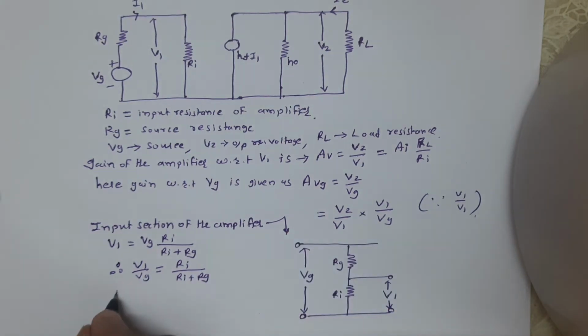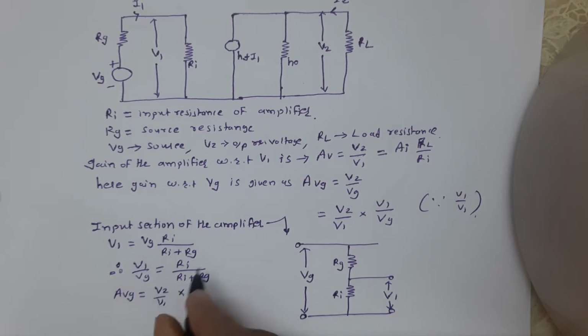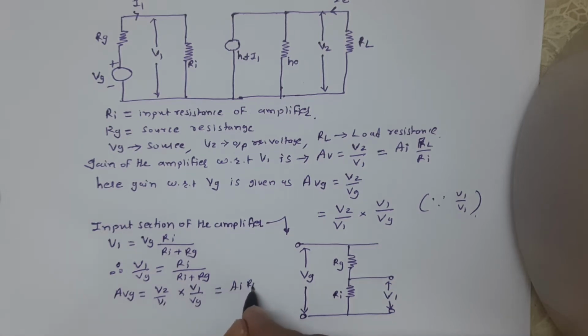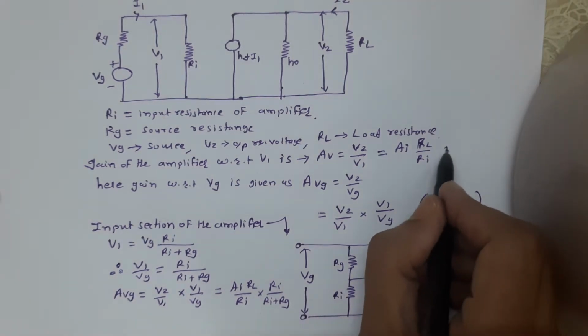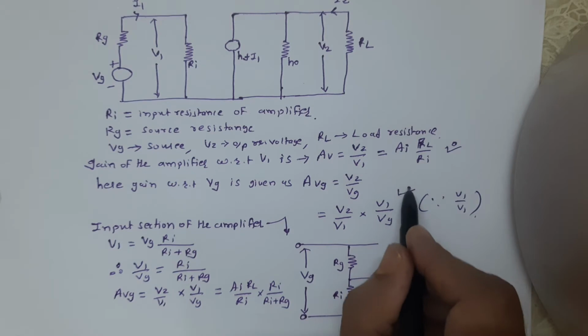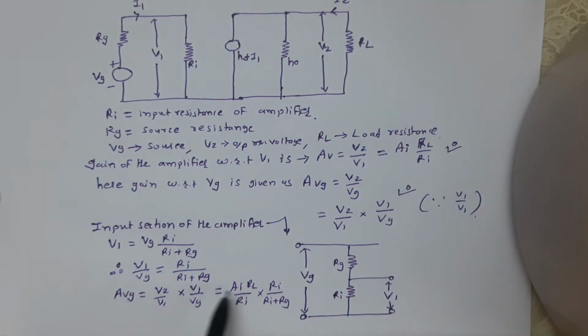So AVG is equal to V2 upon V1 into V1 upon Vg, and this is equal to AI RL upon Ri into Ri upon Ri plus Rg. We are using this equation, we are getting this.